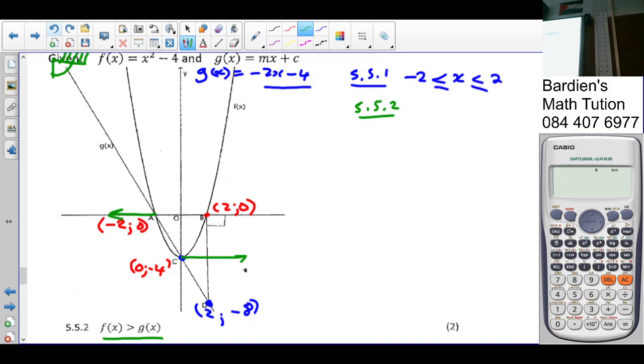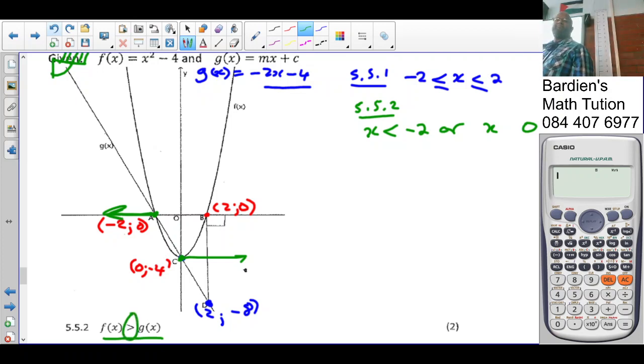So what is the value of x here? -2. And what's your x value here? 0. Going in this direction, is this more than or less than? Less than. So x must be less than -2. Am I going to put the equal sign here? No, there's no equal sign here. Why do you want to put the equal sign?